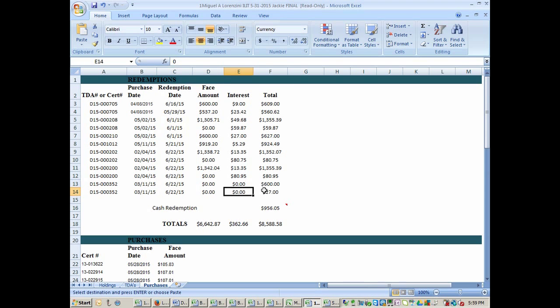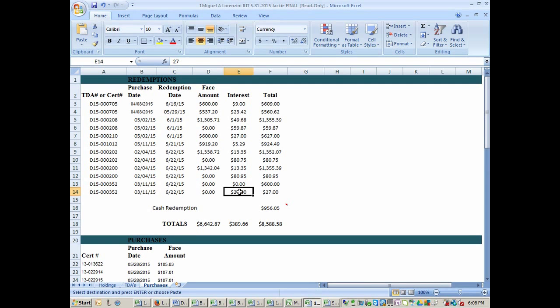But one of the things that I'll point out to you on the interest down here on the clerk of court fee redemption, you did not include that in the interest, so let me correct that. So that was pure interest. So it was included in the total, but not as interest, and that is interest. So that needs to be included there. Okay, so hope that makes sense to you.